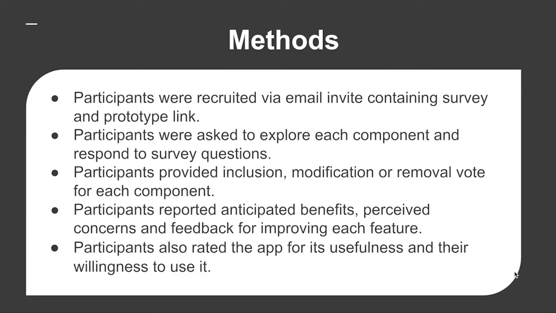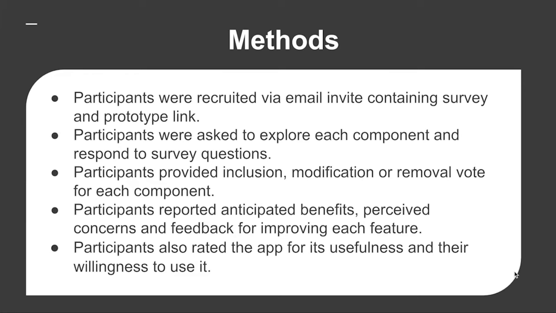So our method was a survey. We created a survey, and we used purposive sampling method to recruit participants. Participants were sent a survey link and a prototype link. Participants explored each component of the app, and then they came back to the survey to answer the questions. In the survey, participants were asked to vote for either removing, including, or modifying each component.